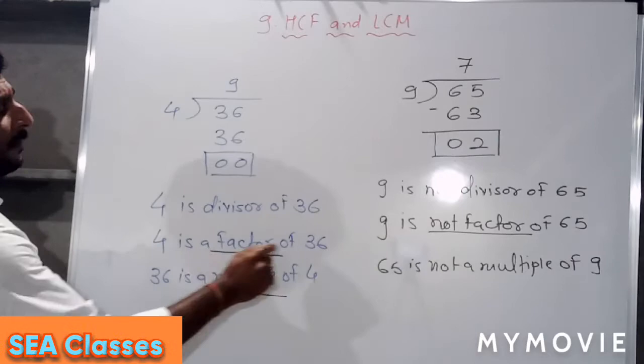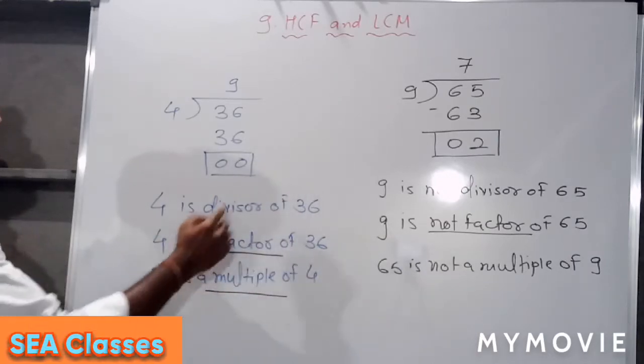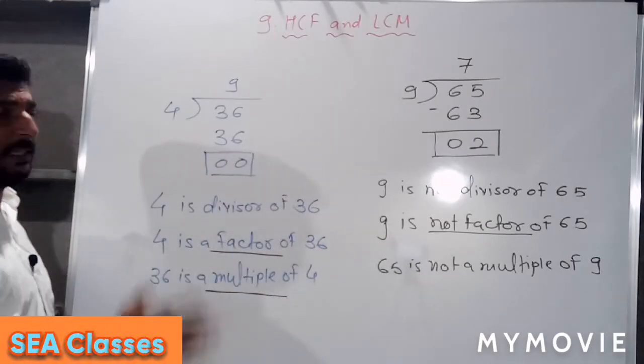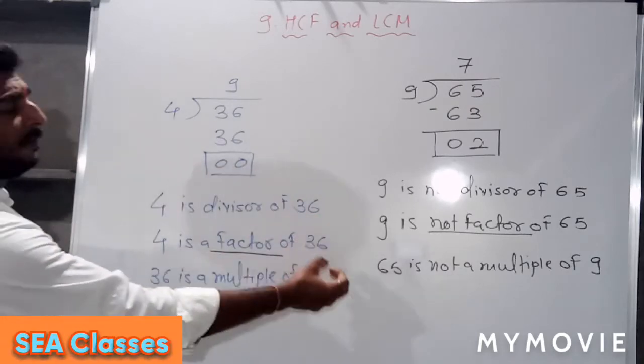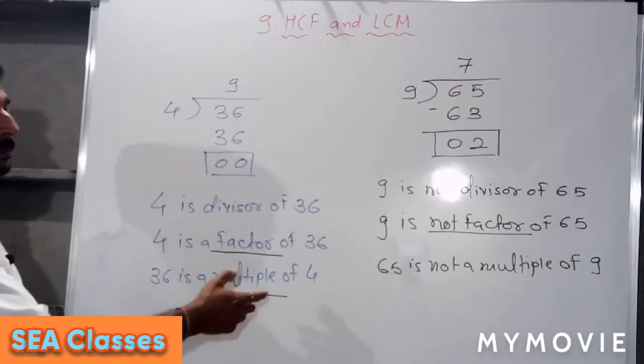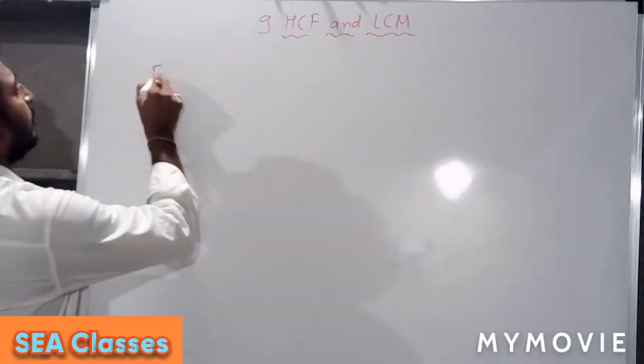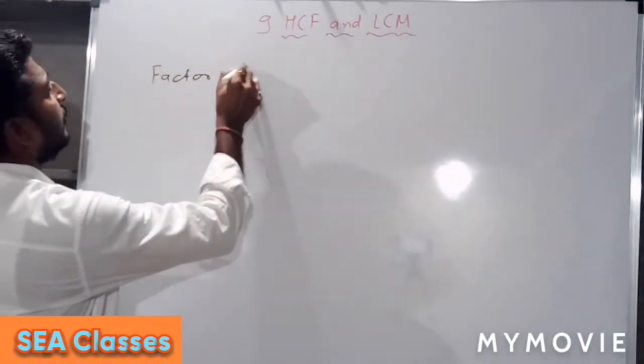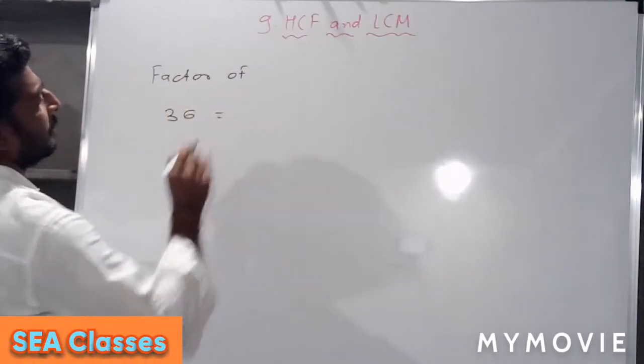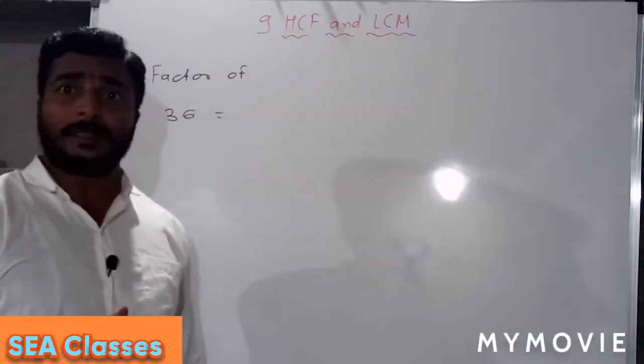So for a number to be a factor of a particular number, that number should be completely divided. Then you can say the given number is a factor of that number, and that number is a multiple of the given number. Factors of 36 means the numbers which can divide 36.